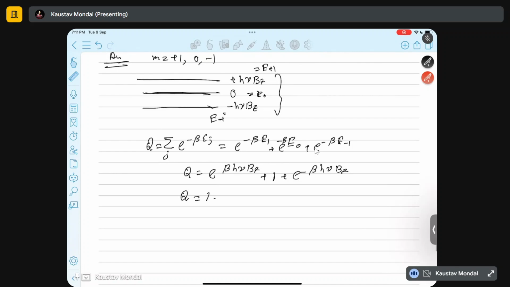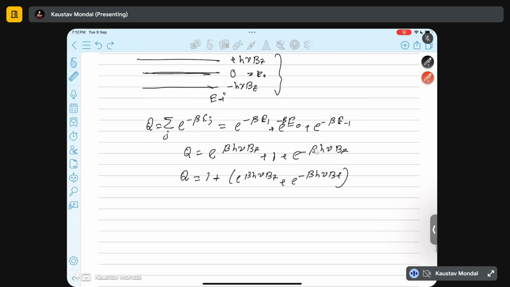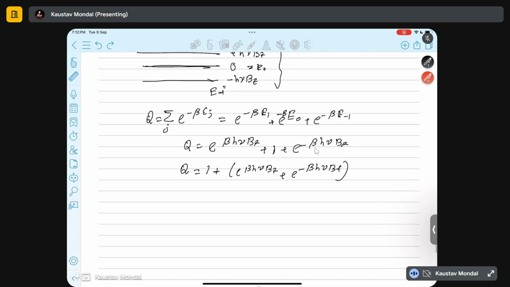Now we know this thing, e to the power beta h nu Bz plus e to the power minus beta h nu Bz. So now we can write this in a more compact form. We know how the cos hyperbolic function is related to the exponential. So cos hyperbolic beta h nu Bz, you can write it like this: e to the power beta h nu Bz plus e to the minus beta h nu Bz by 2, right?